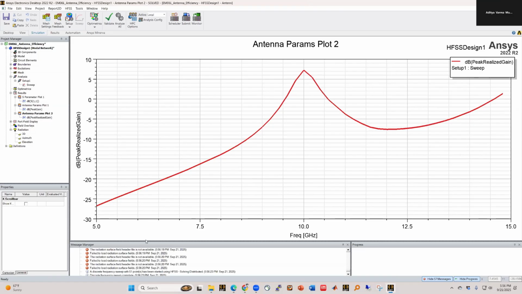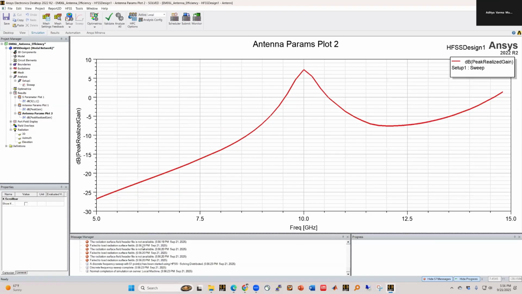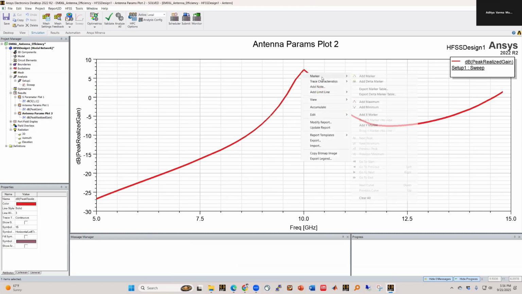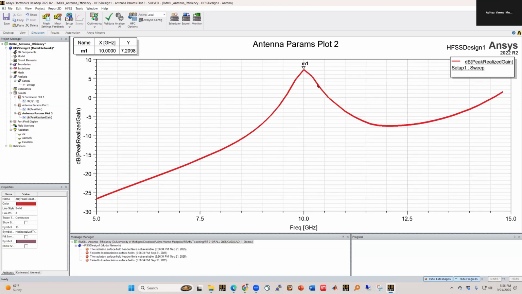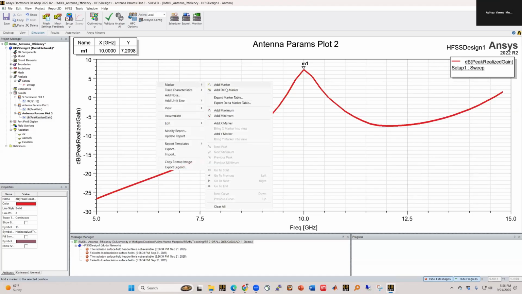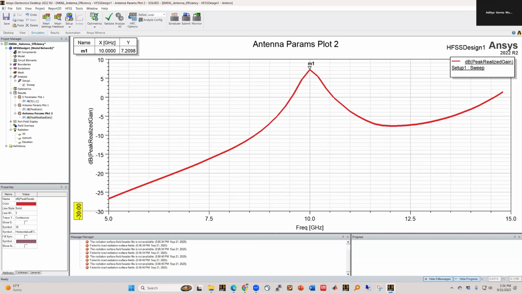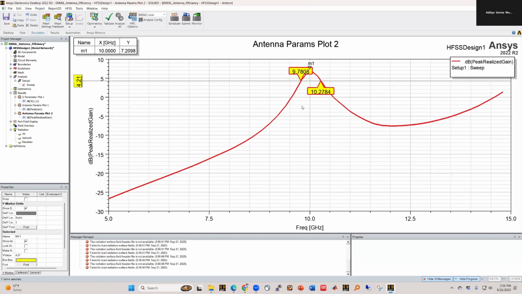Clear all these errors. Not that important. Add maximum. So the maximum is 7.21, let's say. And I want to add a Y marker at 4.21. Okay, and that's my bandwidth, right?